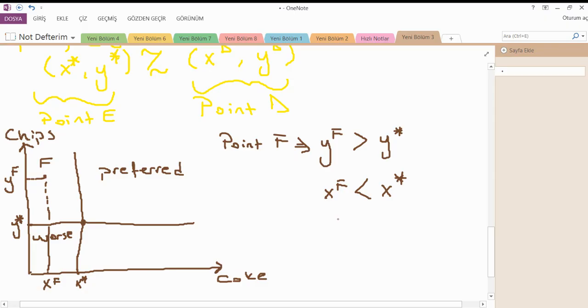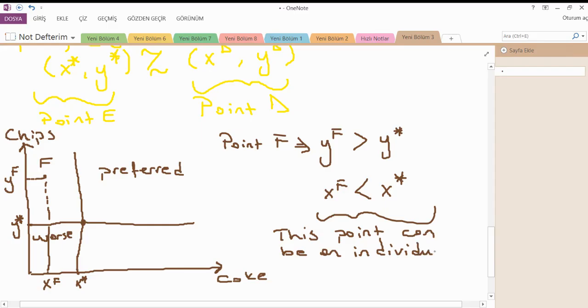We are not sure if the individual is going to prefer this point to our first bundle, because it has a lot more of Y star while it sacrifices some X. But there can be some points, so this point can be an individual's decision. But we are not sure, okay?